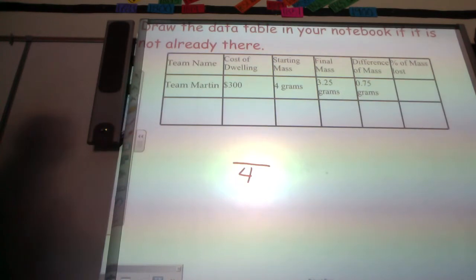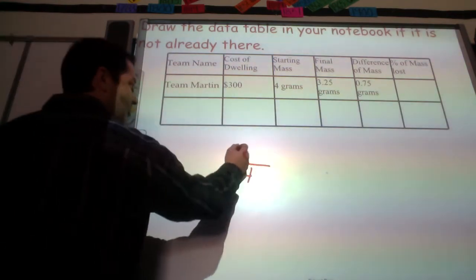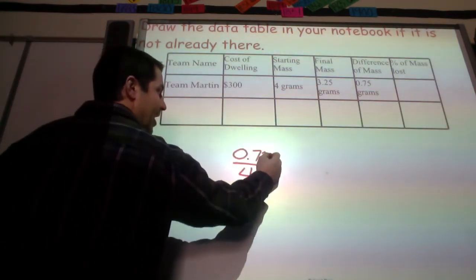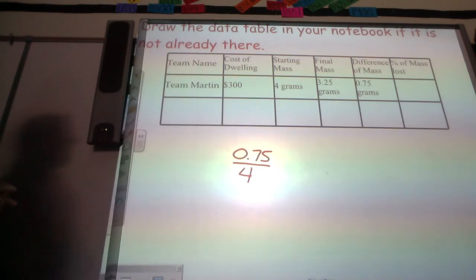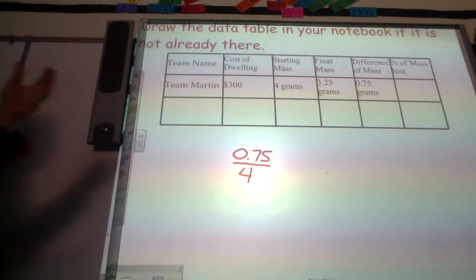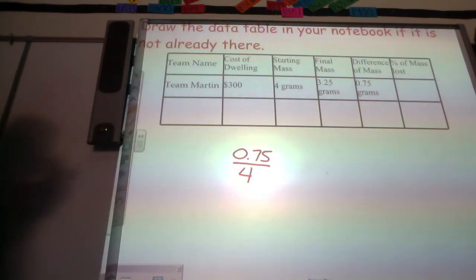And we want to find the percent of mass lost, so we figure out what that difference is. And in this case it's 0.75. That's the amount that I lost, and if I divide those two, I'll get a decimal number, and that decimal number we should be able to easily calculate into a percent.